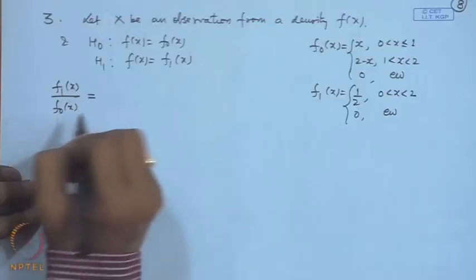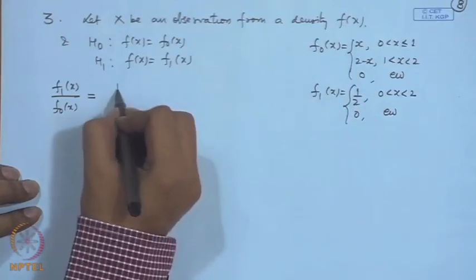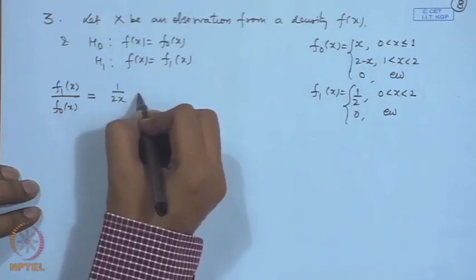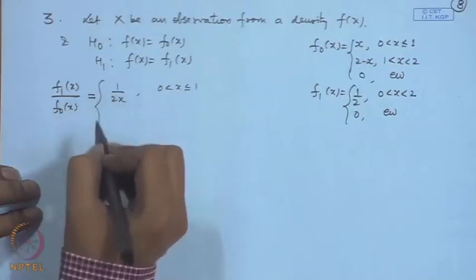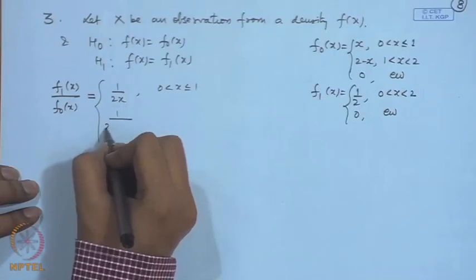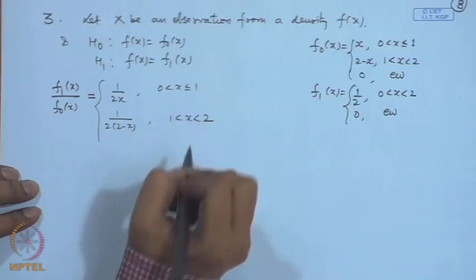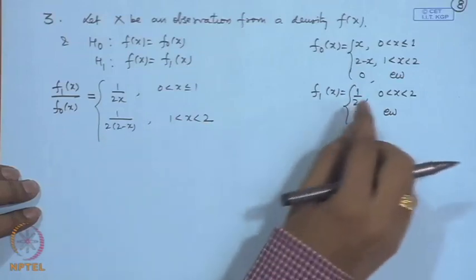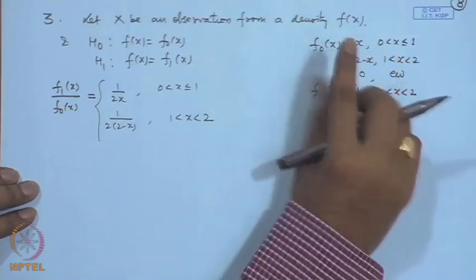So, f1/f0 is equal to 1/(2x) if 0 < x ≤ 1, and it is equal to 1/(2(2 − x)) for 1 < x < 2. Now, if an x is outside this region, under H0 and H1 that will have probability 0, so we will not consider that situation here.